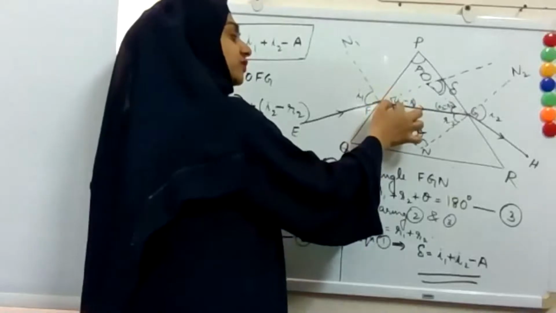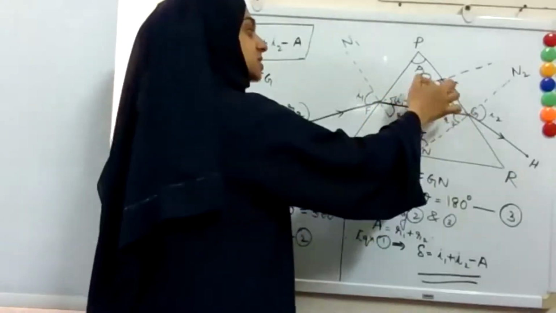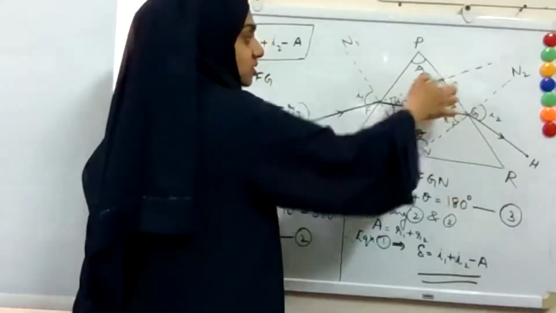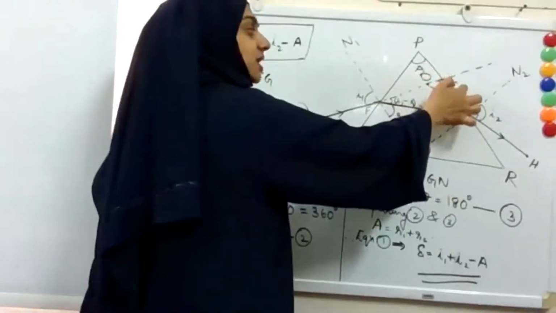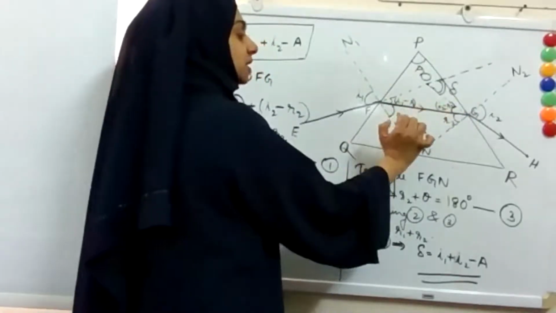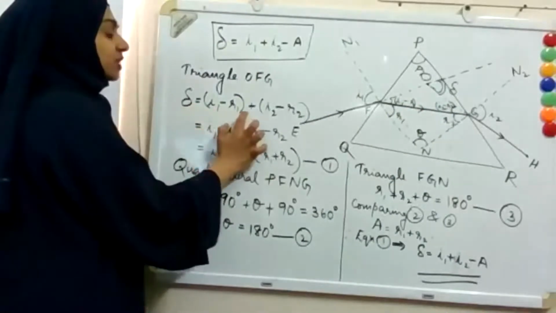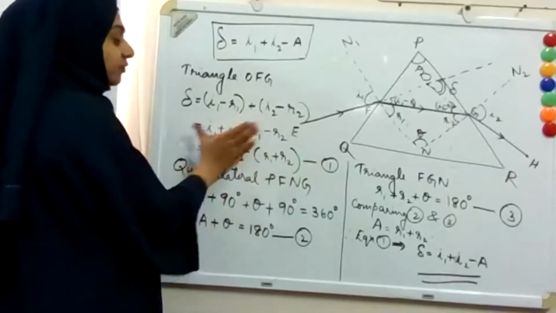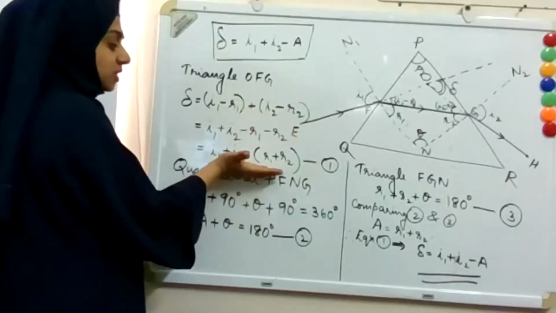So a part of it will be I1 minus R1. Similarly, this side, it will be I2 minus R2. Then looking into this triangle, we know delta is the exterior angle, which will be the sum of the two interior angles. So delta is I1 minus R1 plus I2 minus R2, and we rearrange that equation to get equation 1.